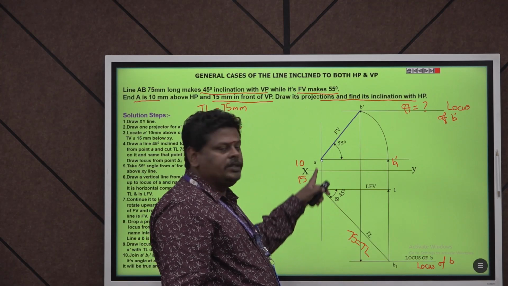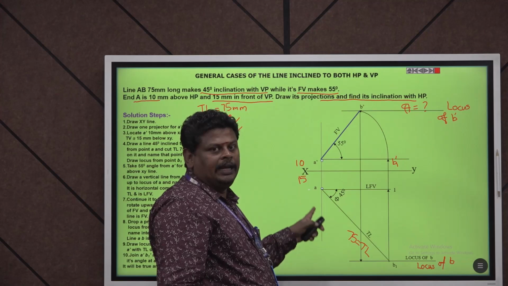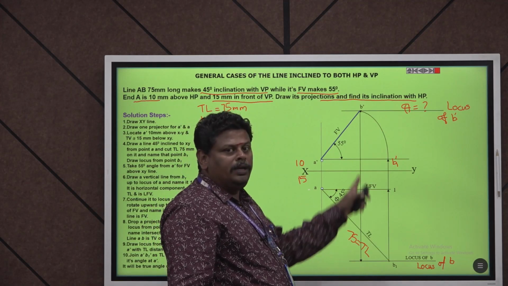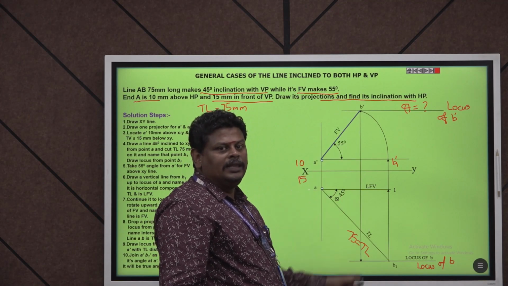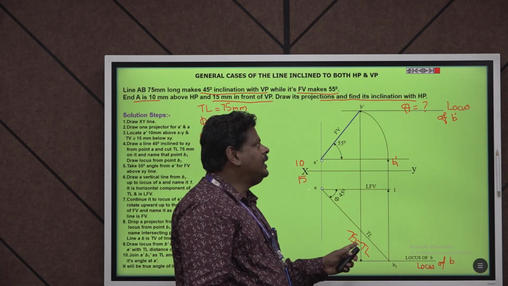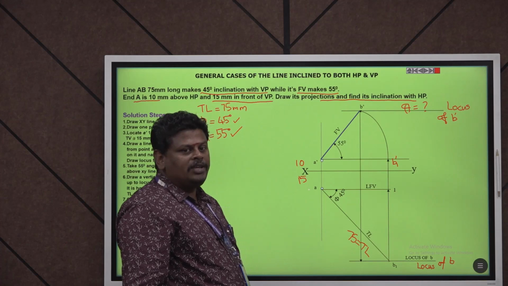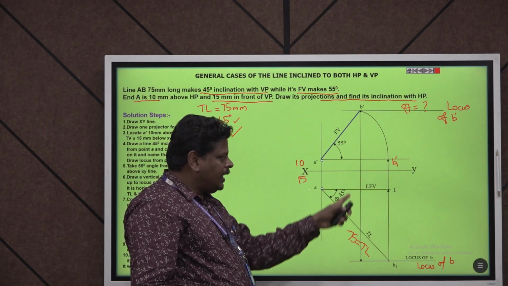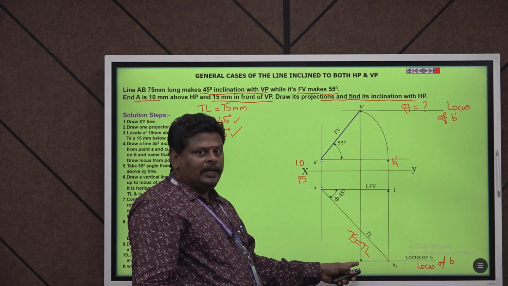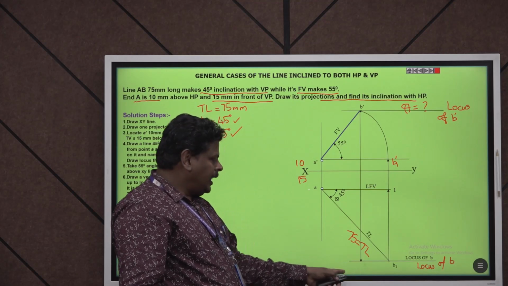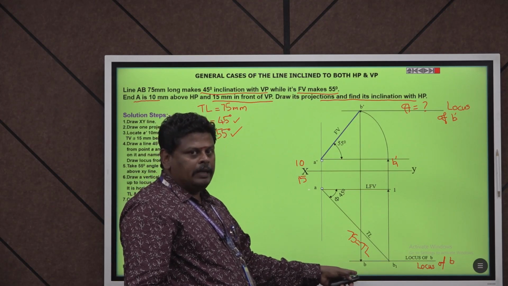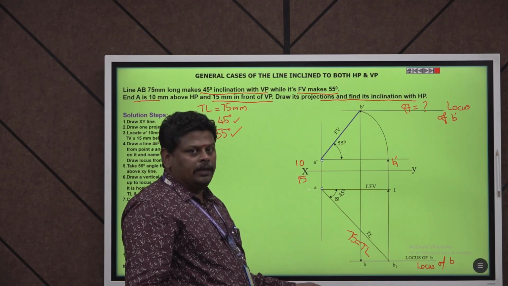Whenever we see a dash, they will be along the same vertical line. Similarly, the second endpoint b dash will also be in the same straight line. So, with that logic, here again they are drawing a projection line from b dash until it reaches the locus of b, and there we can mark that point as b, and now we can join this a and b.